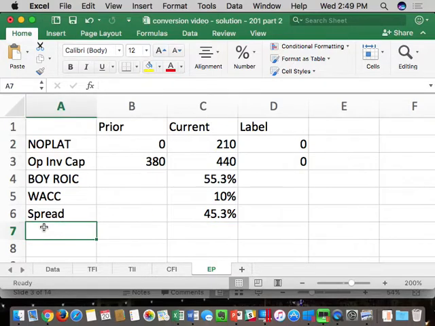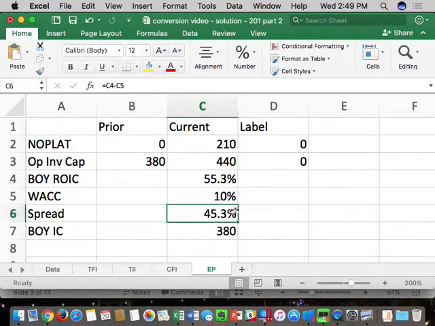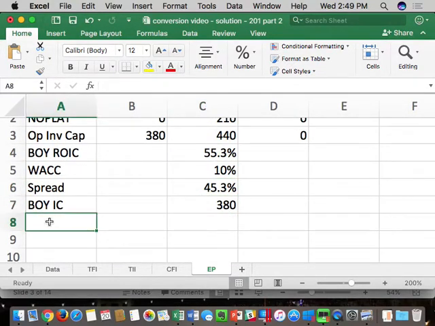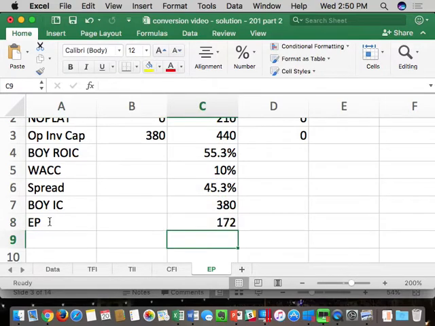Now, if I take my beginning of year invested capital, 380, and I make a 45.3% spread on that capital, then my economic profit is 45.3% of 380.